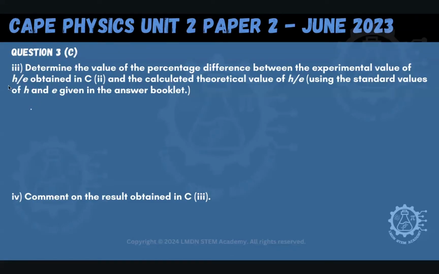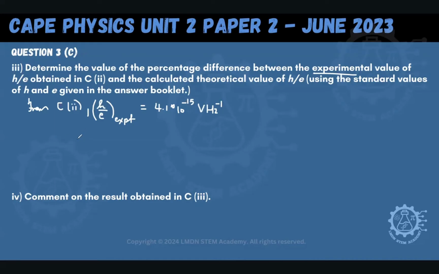We can say that from C part 2, the H over E, which is your experimental value, I'm going to write as H over E experiment, is equal to, what did we just get? 4.1 times 10 to the negative 15 volts per hertz. That's what we got from C part 2.